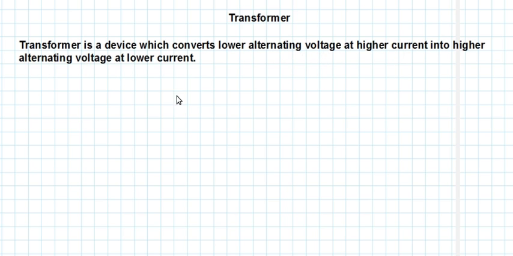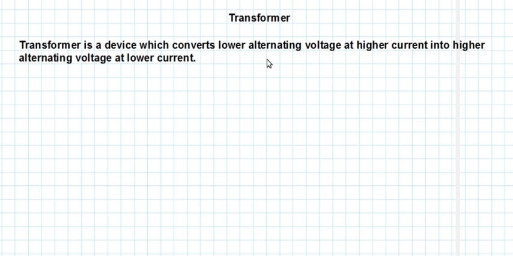So a lower voltage at higher current is amplified into what? A higher voltage at a lower current. That is what is called a transformer.